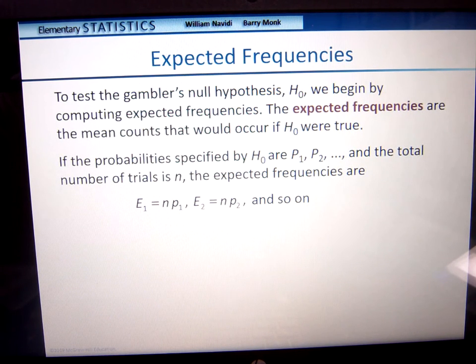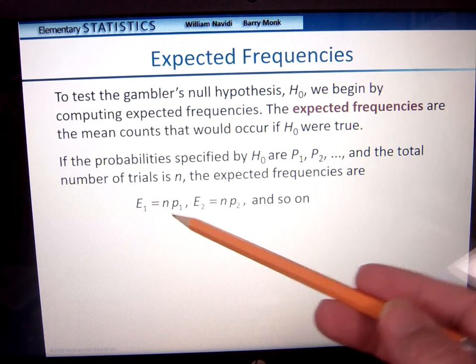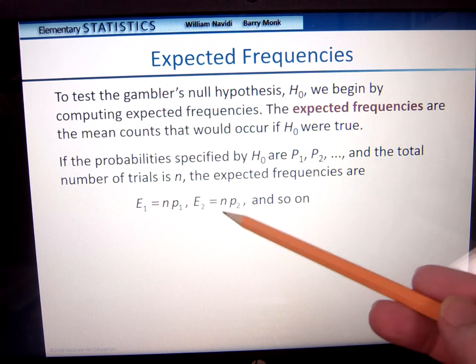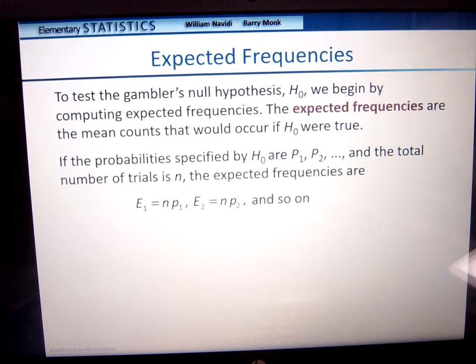To test the gambler's null hypothesis, we begin by computing the expected frequencies, which I went over already with you. The expected frequency is the probability times the number of trials. So this would be 60 times 1/6, 60 times 1/6, etc. And that's how we get the 10.